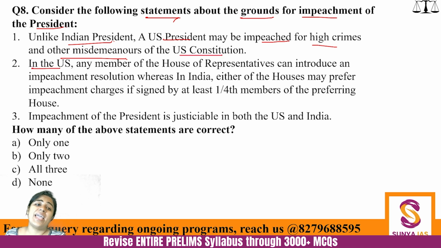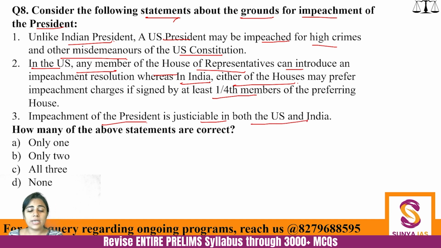In the US, any member of the House of Representatives can introduce an impeachment resolution, whereas in India, either of the houses may prefer impeachment charges if signed by at least 1/4 of the members of the preferring house. And impeachment of the president is justiciable in both the US and in India. How many of the given statements are correct?